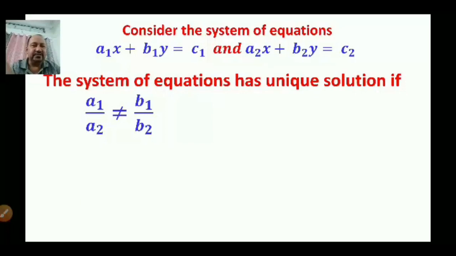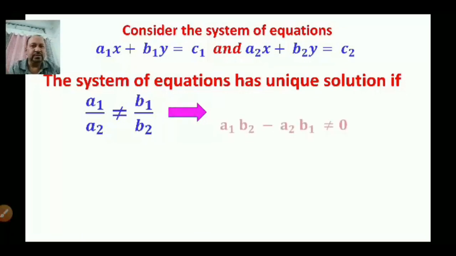If a1 upon a2 equal to b1 upon b2 equal to c1 upon c2, then it has infinitely many solutions. If a1 upon a2 equal to b1 upon b2 but not equal to c1 upon c2, then the system of equations has no solution.